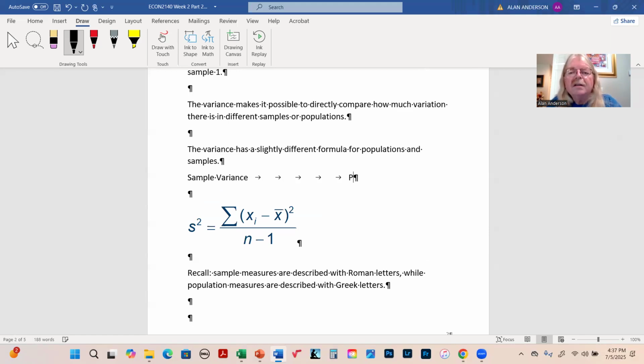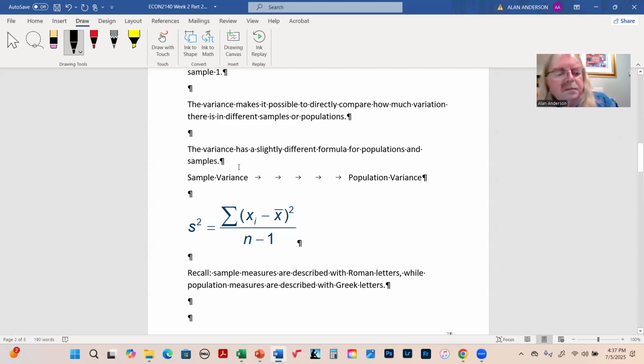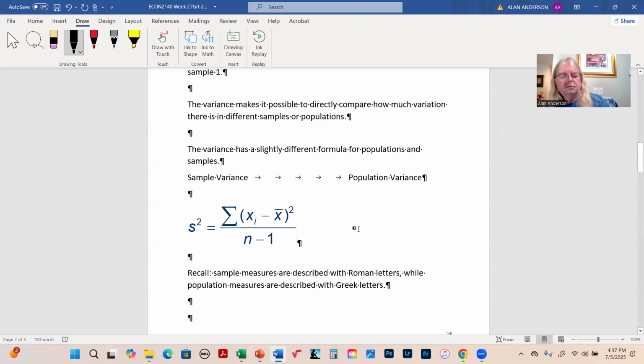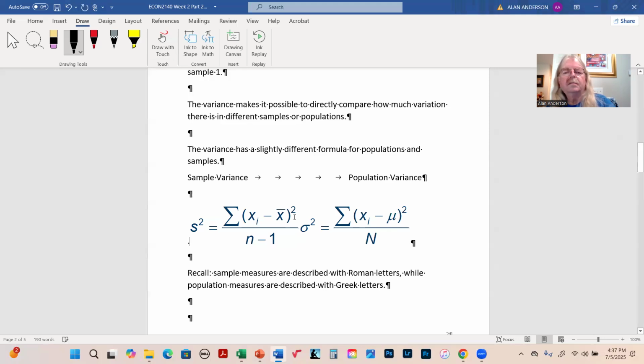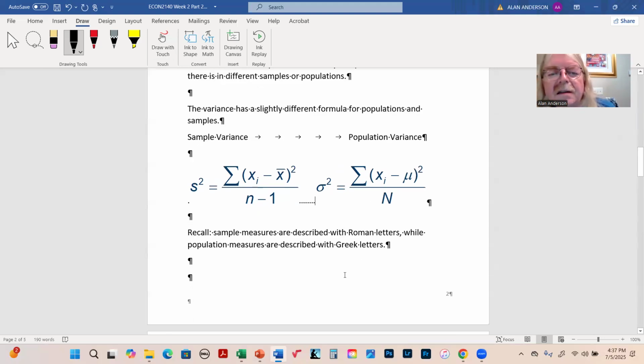And then the population variance looks like this. Okay, so let's take a look at these variables. Now you can see they have a lot of terms in common.